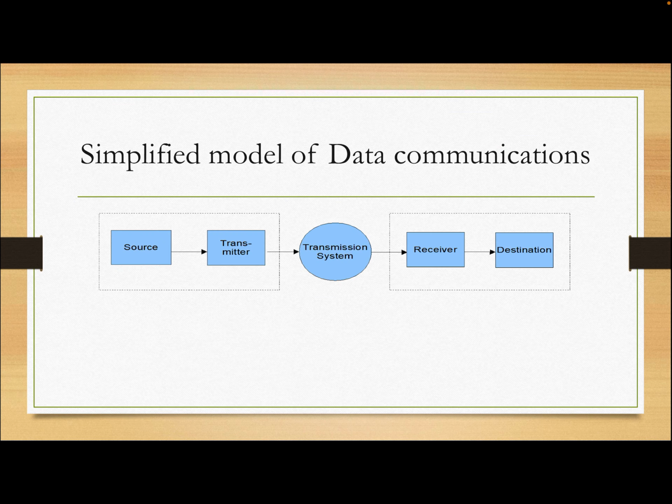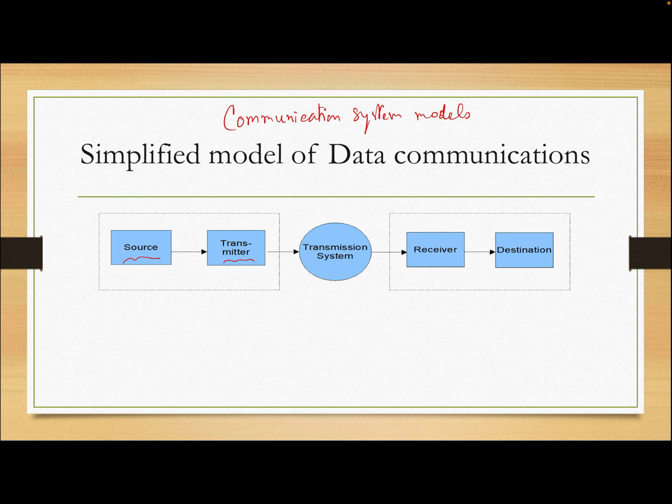For this clip, we will talk about communication system models. I will start with the most simplified model first. Basically, I have a source and a transmitter. Source will generate the data.